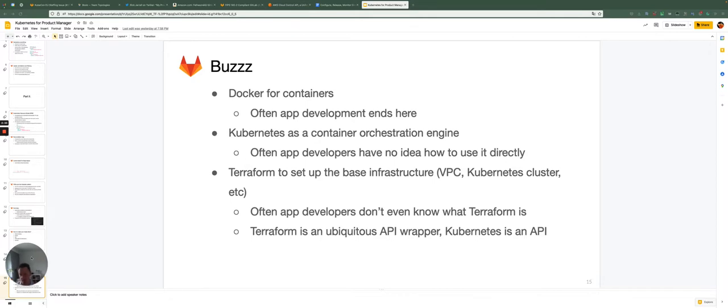Again, going back to the application developer perspective, often application developers have no idea how to use Kubernetes directly. They typically receive a higher level abstraction from a platform team who makes it easy for the application teams to use Kubernetes.